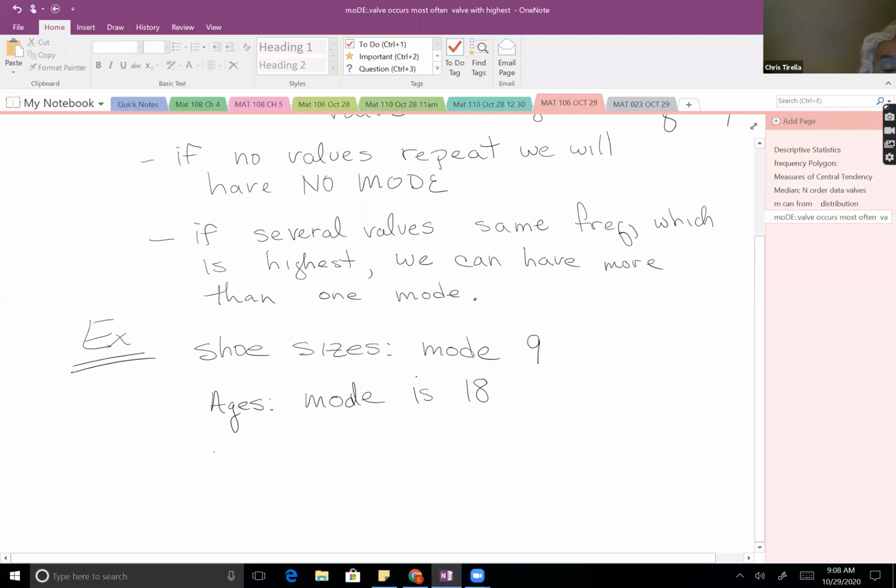If we look at the number of siblings for the class as a whole, is everybody all right if I flip back to the page that had the sibling data on it?